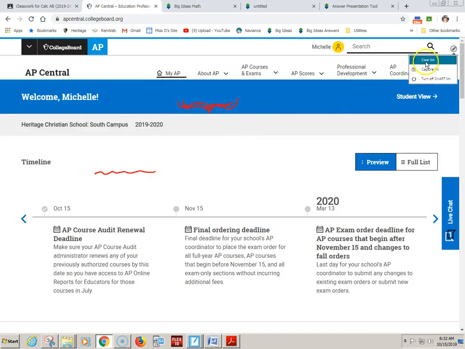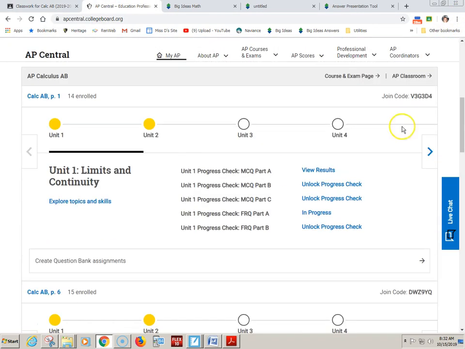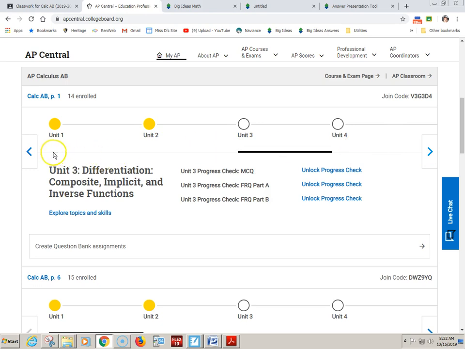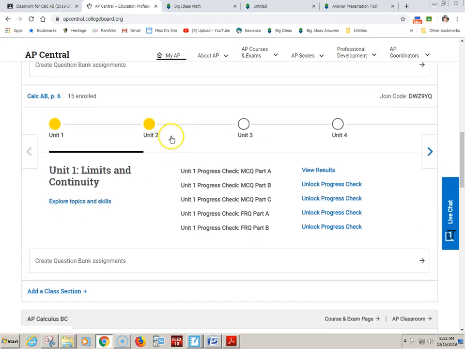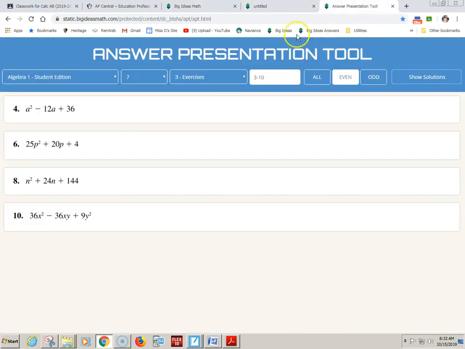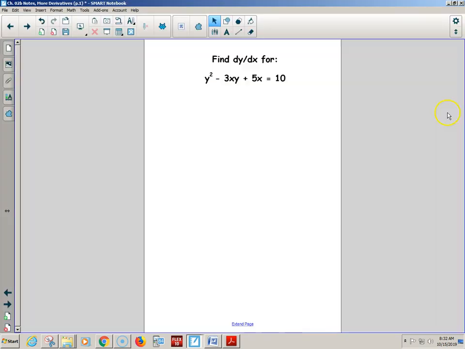Those of you watching me go all over the place, I am so sorry. There we go. Can you guys get y by itself? I have no idea. Y squared minus 3xy plus 5x equals 10.